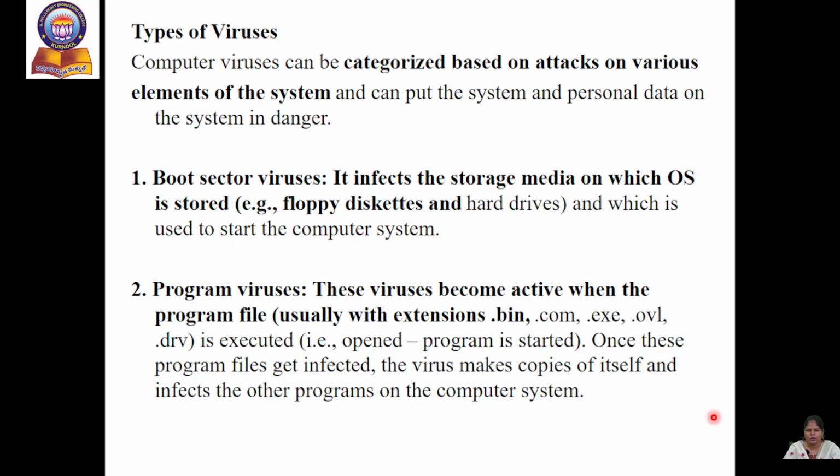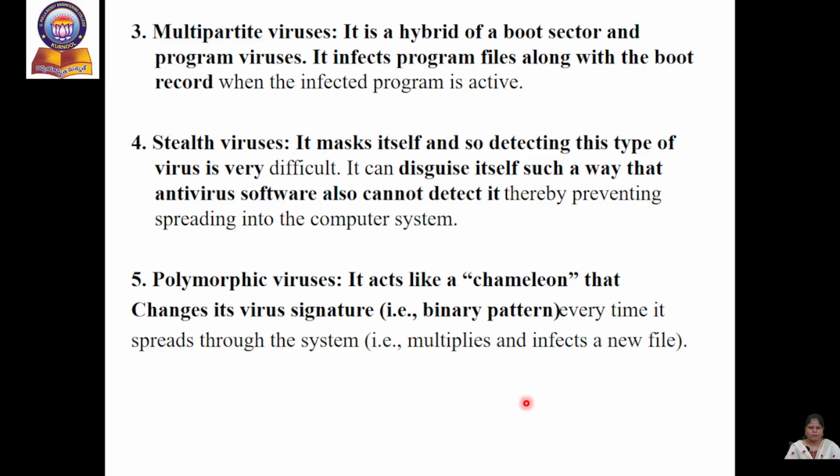Next one is the program virus. These viruses become active when a program file, with an extension like .bin, .com, .exe, .ovl, or .drv, is executed. Once these programs get infected, the virus makes copies of itself and infects the other programs on the computer system.